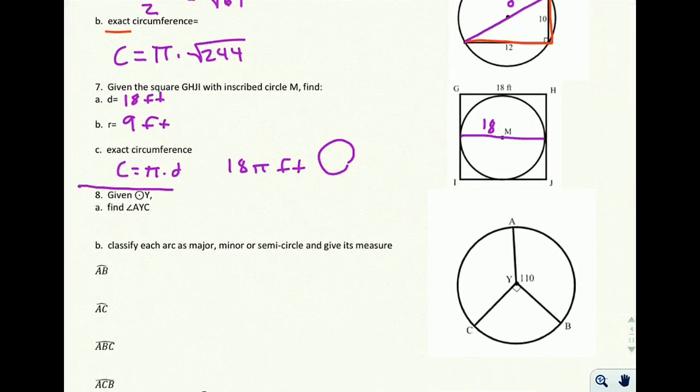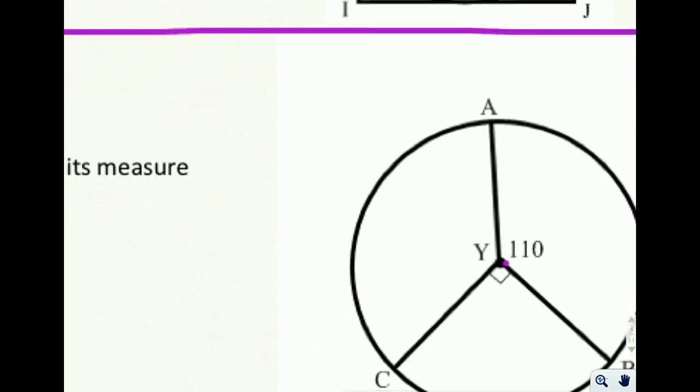If you want to draw a little divider here so you can clearly see which problem is which, we can do that. We're given circle Y, so it's talking about this picture down to our right, and we need to find angle AYC.